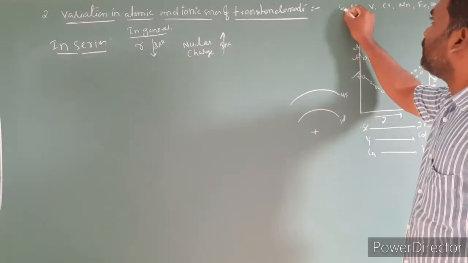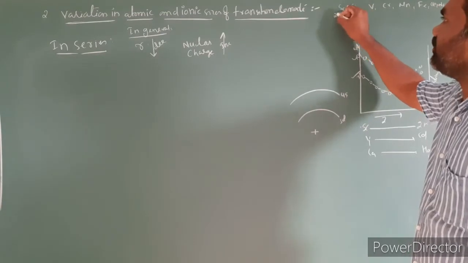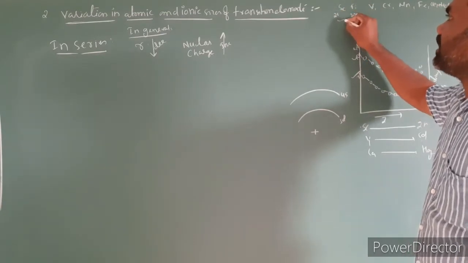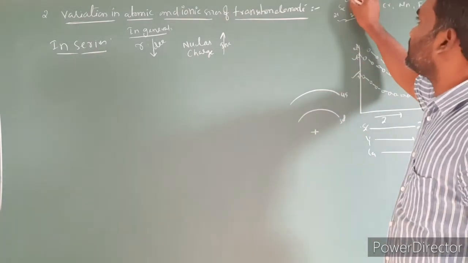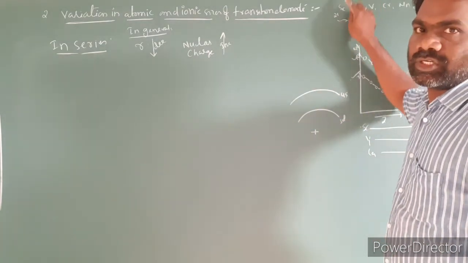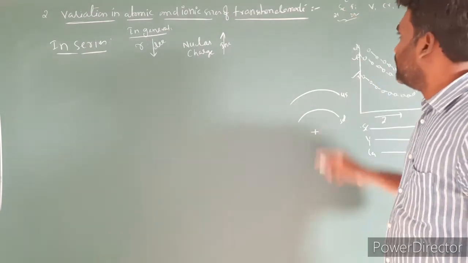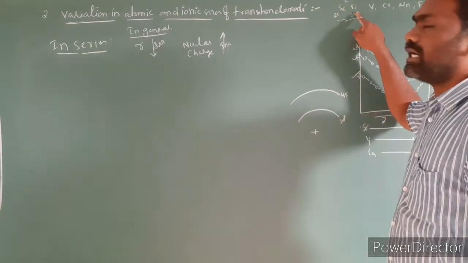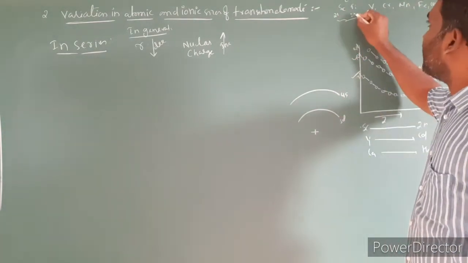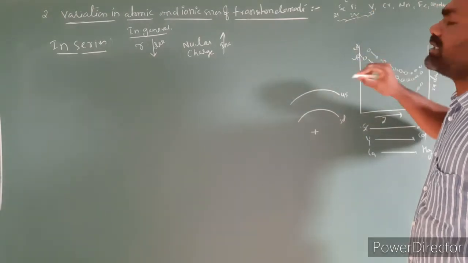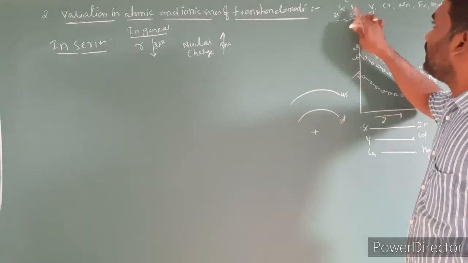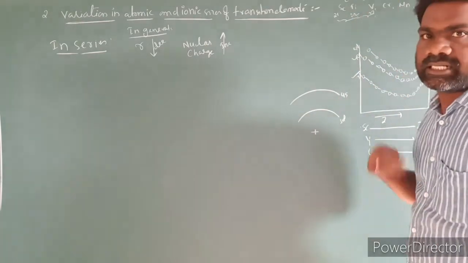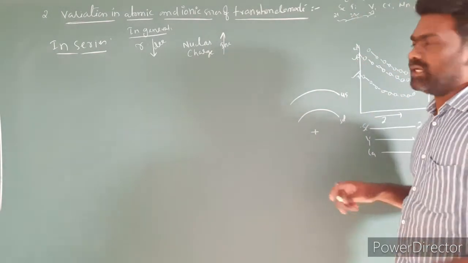Now scandium to titanium: scandium is 21, titanium is 22. Atomic number increases, which means one electron is added, and automatically a proton is also added. So from scandium to titanium, nuclear charge increases. Titanium to vanadium, 23: the atomic number goes from 22 to 23, so one more electron and one more proton are added.